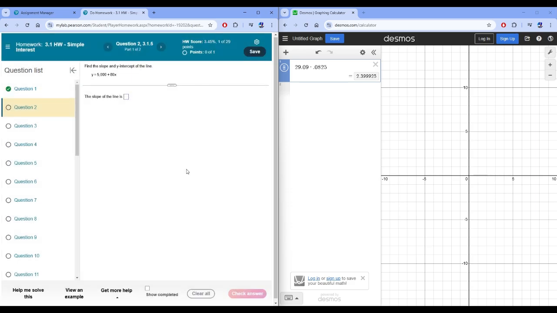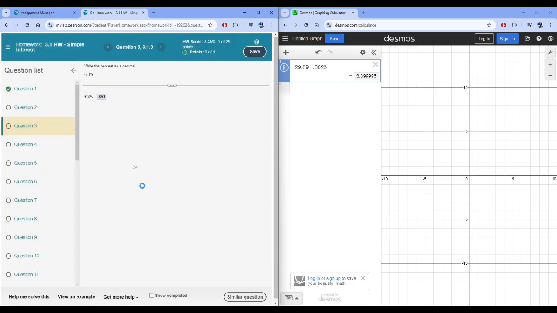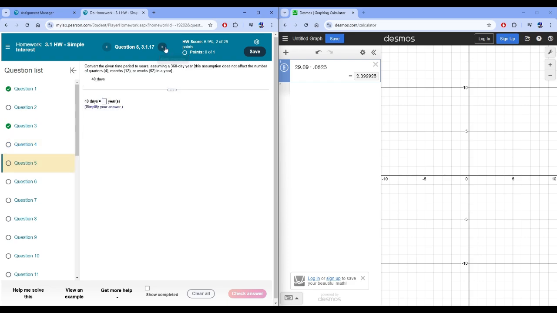Cool. I'm not going to go over that question, it's very straightforward. Write this as a decimal: I'm hoping that's 0.063. Very straightforward. Write that percent as a decimal, you guys got that. Convert the given time period, 40 days.